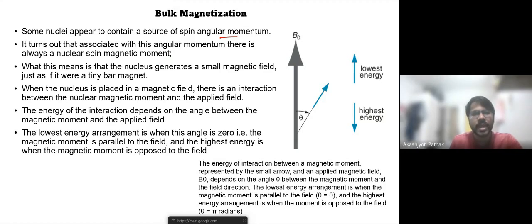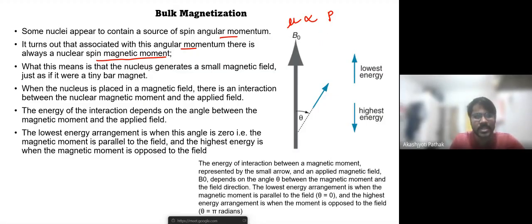It turns out that associated with the spin angular momentum there is always a nuclear spin magnetic moment. We saw that this magnetic moment mu is directly proportional to P, or directly proportional to I. So all spins are associated with a magnetic moment.